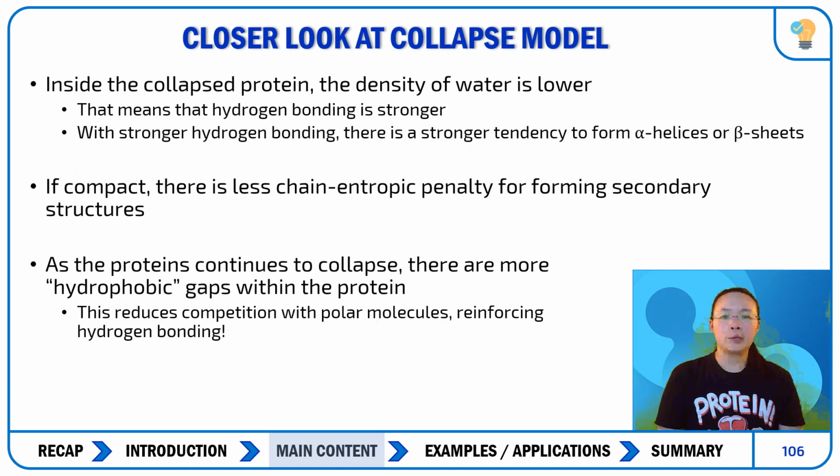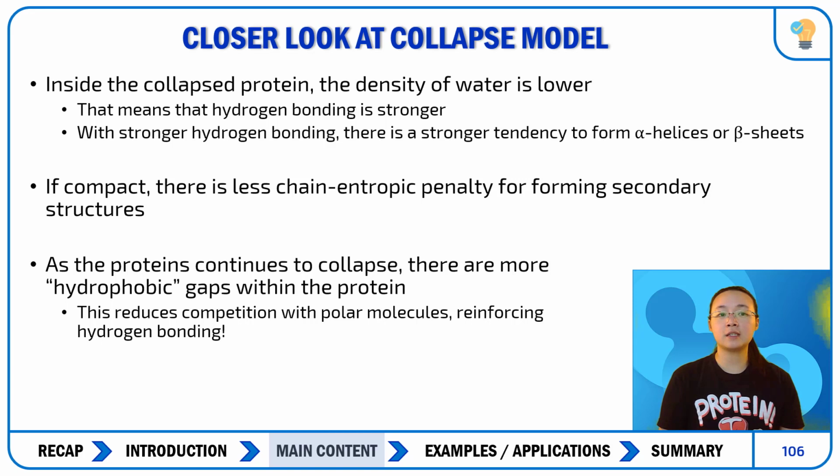If we take a closer look at the collapse model, we note that in the collapsed protein, the density of water is lower, and the hydrogen bonding is stronger, meaning a stronger tendency to form alpha helices or beta sheets. If the structure is compact, there is a lot less energy penalty for forming secondary structures because of local interactions.